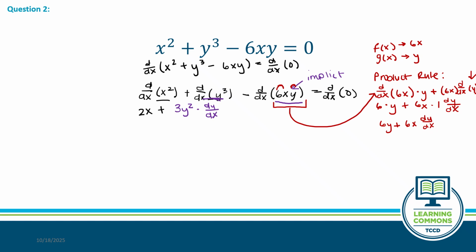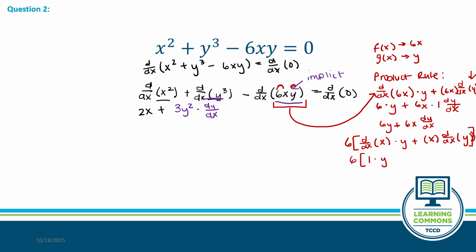Okay? Now, how I do it sometimes is I pull the 6 out. So instead, I do it with the 6 out front, same idea. 6 is just sitting out here.